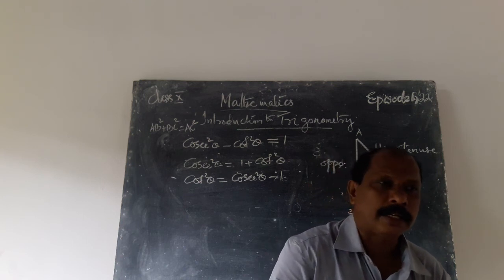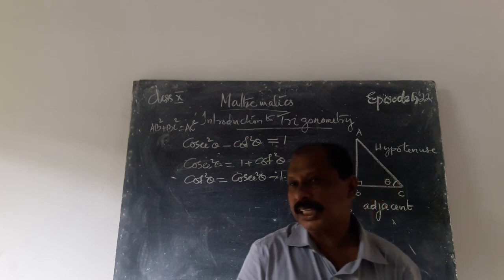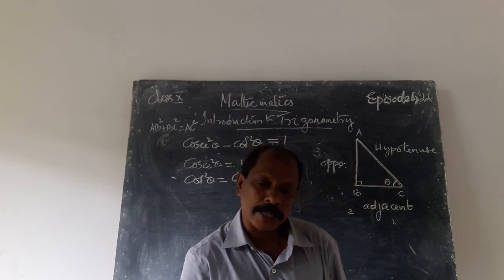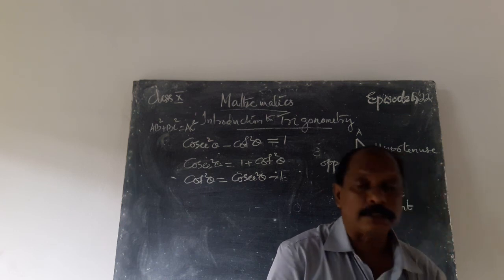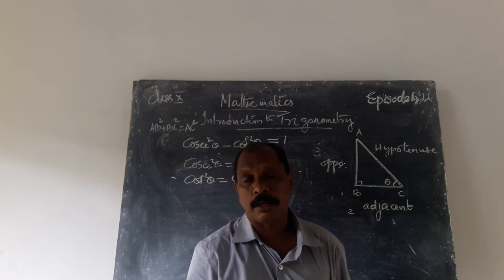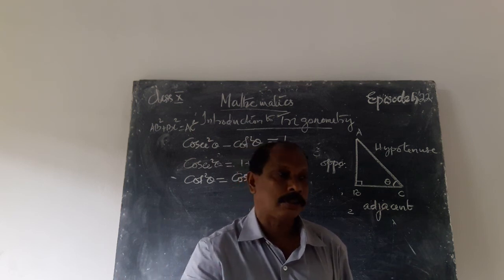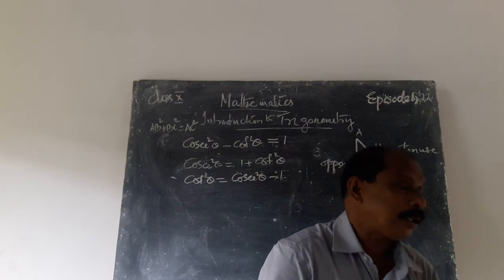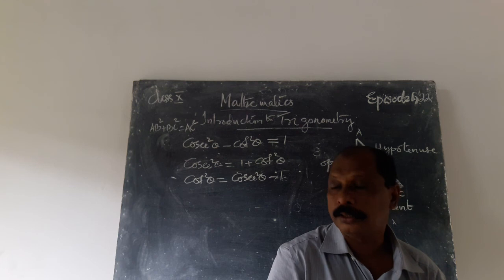Then there is another result between sec and tan. Sec square theta minus tan square theta is 1. Shifting that tan square to the right, we get sec square theta is equal to 1 plus tan square theta. Shifting 1 to the left, tan square theta is sec square theta minus 1. Then the next relation is between cosec and cot.